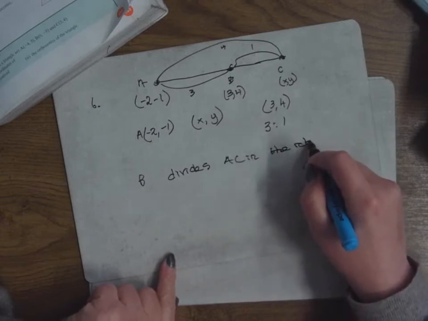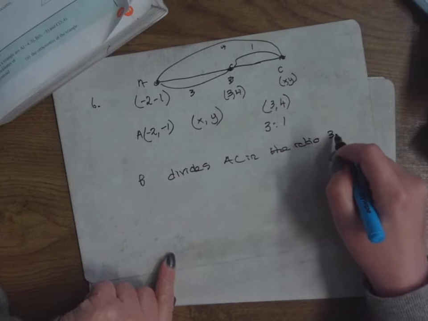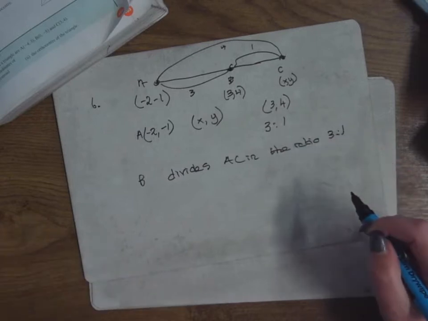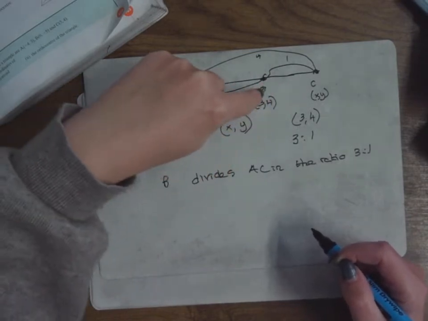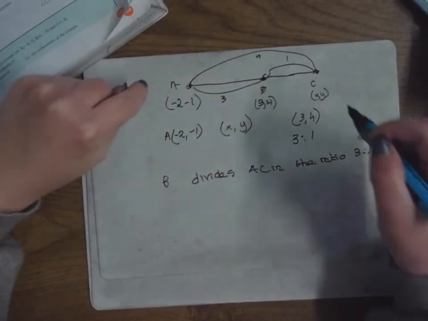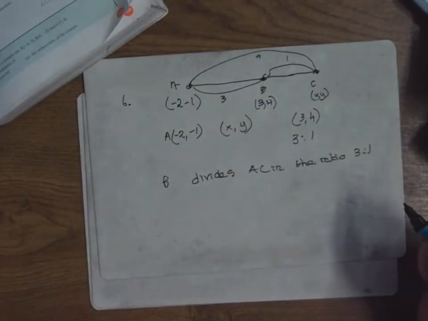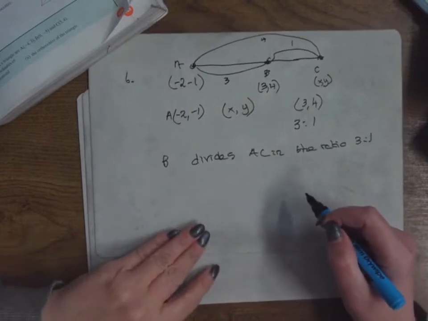So I've just taken the information they've given me in the question and rearranged it so that B is dividing AC. Is that all right? Are we good? Right, okay.